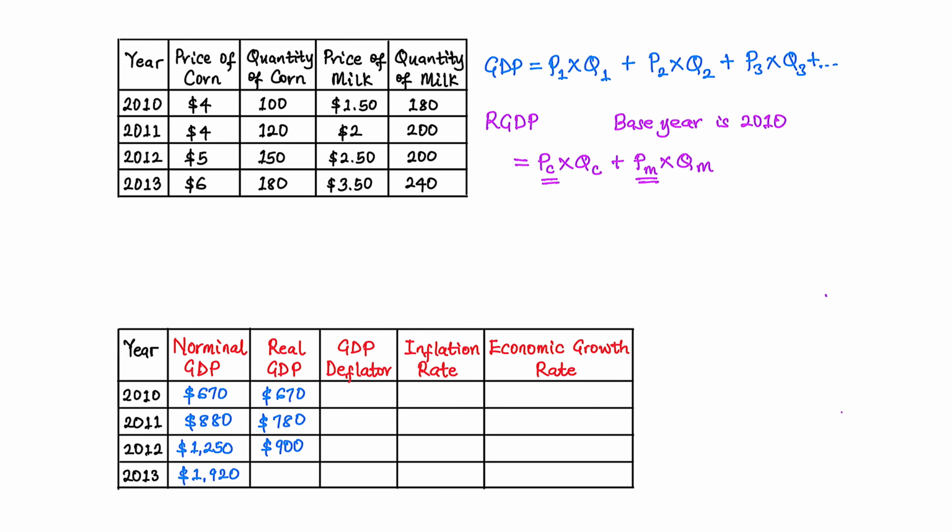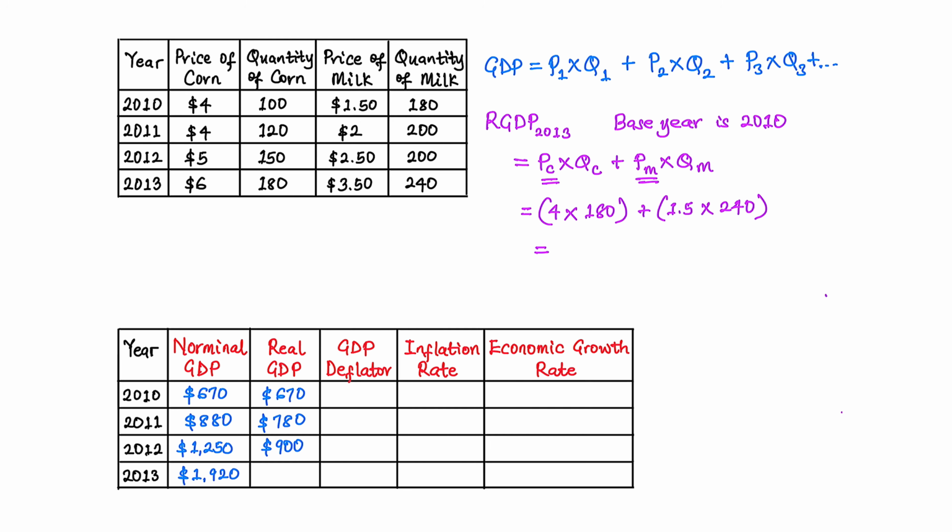Next, we are calculating the real GDP in 2013. The price of corn in the base year is $4, multiplied by the quantity of corn in 2013, that's 180 units, plus the price of milk in the base year, $1.5, multiplied by the quantity of milk in 2013, that's 240.